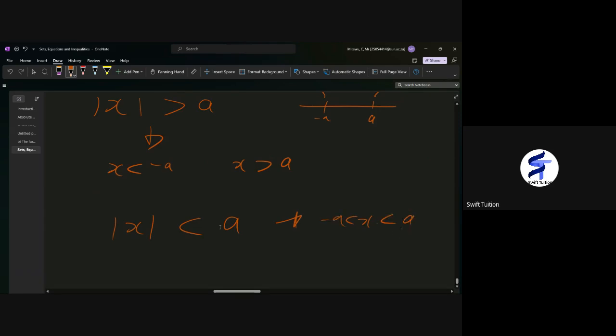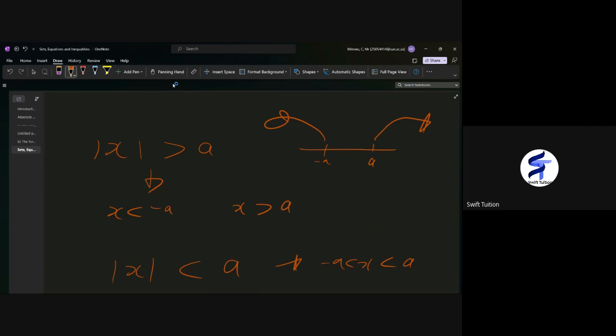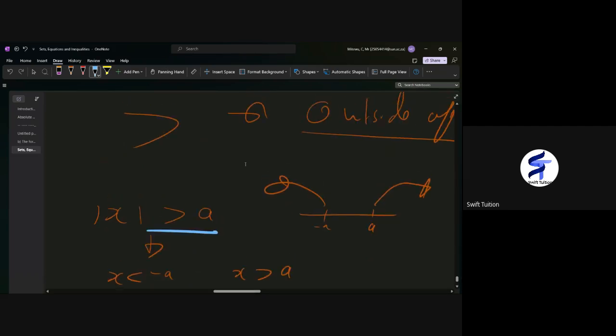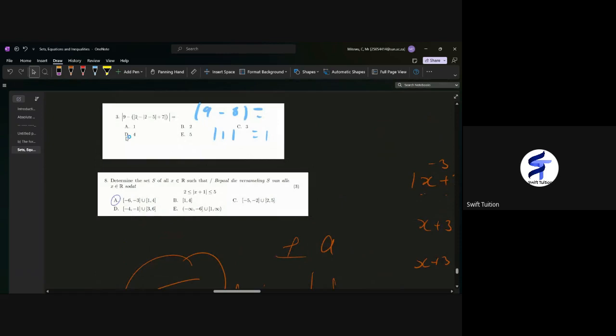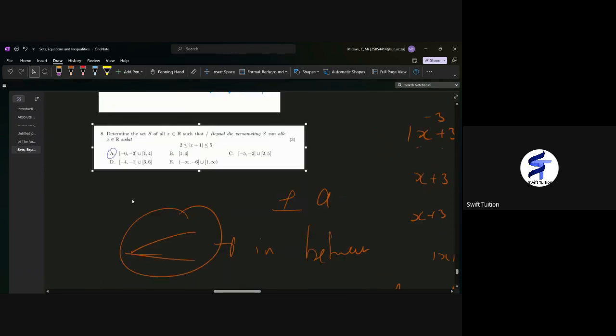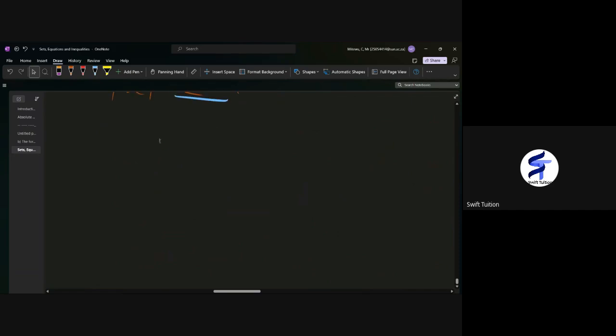So what you notice about the definitions over here is that they only have a single inequality, but the problem that you're given has two. So we're going to make use of our favorite thing and apply the principle of and.